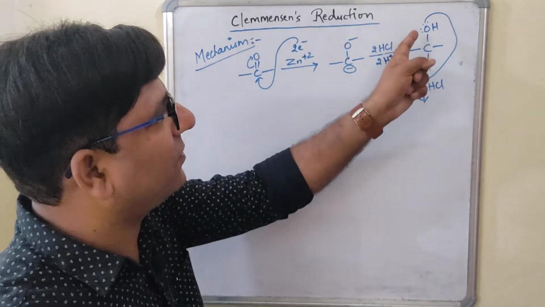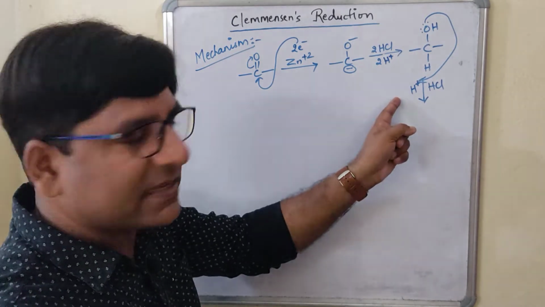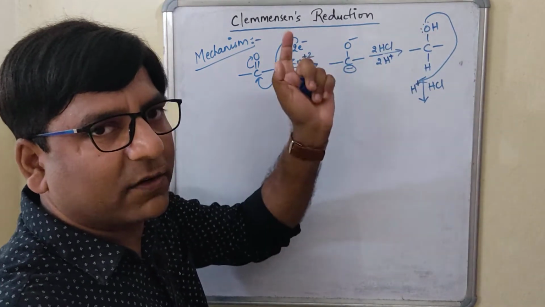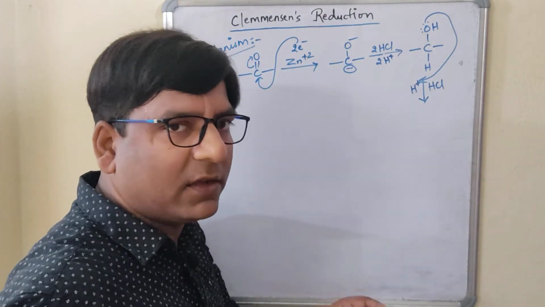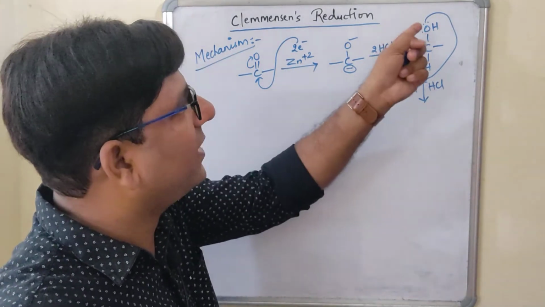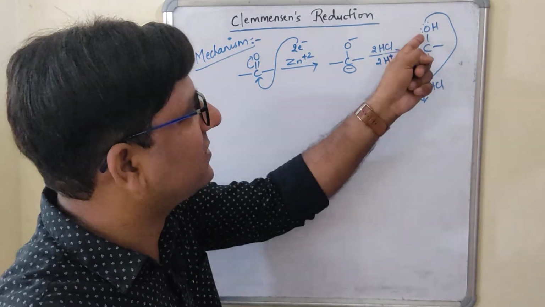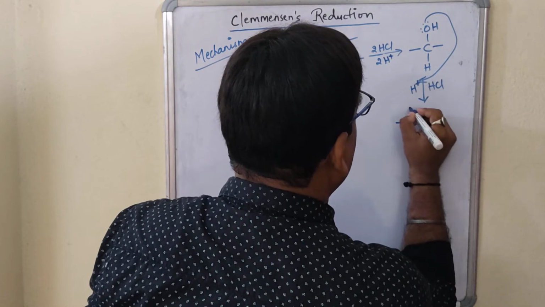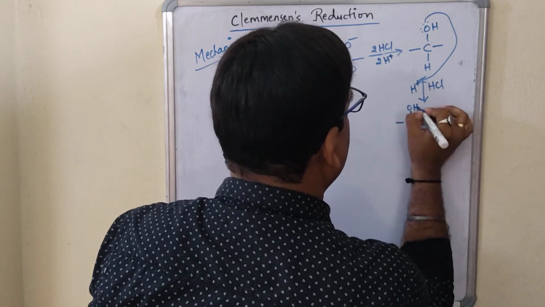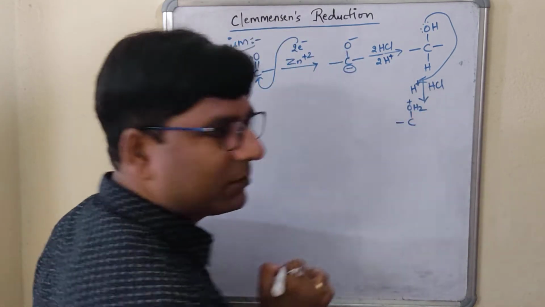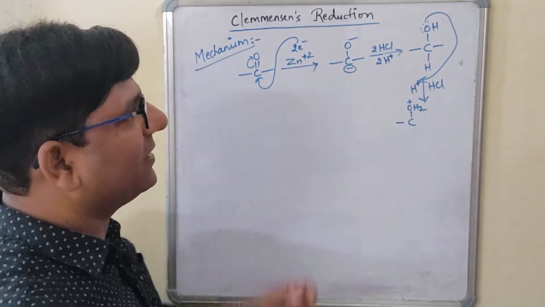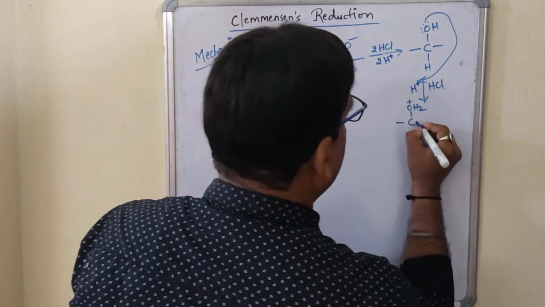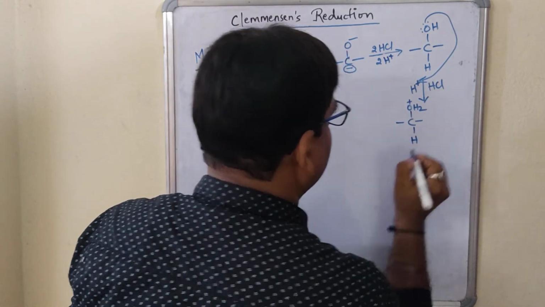This lone pair of electrons of this oxygen will be donated to this H plus, and this H plus is going to form a bond with this oxygen, because for making one bond it requires 2 electrons, and those 2 electrons for making a bond have been given by this oxygen, right? So we can write over here COH2 plus, because it has lost the electrons, right? So we will write OH2 plus, here one hydrogen is already there.